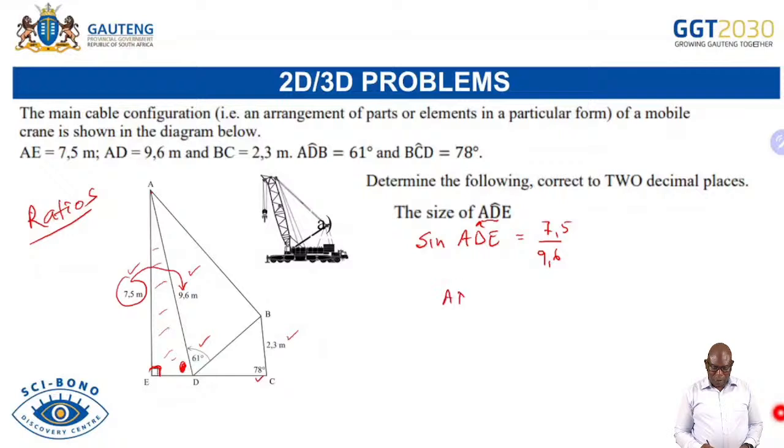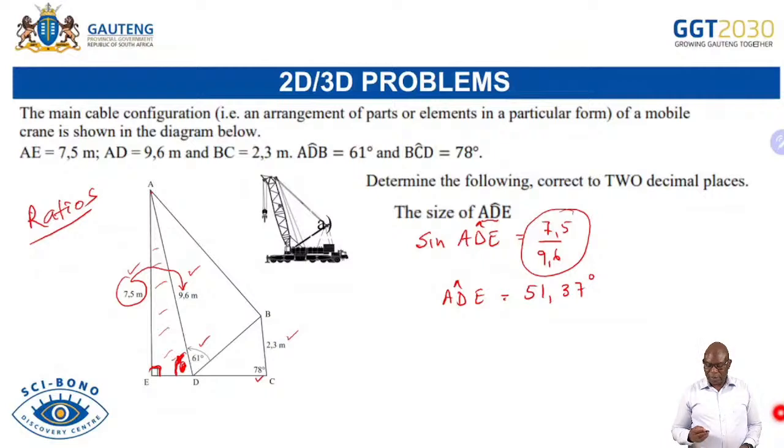So for me to get ADE, what do I do? Shift sine, and then I put these values in. Shift sine, 7,5 over 9,6, and the answer that I'll get there is 51,37. So that angle there will be 51,37.